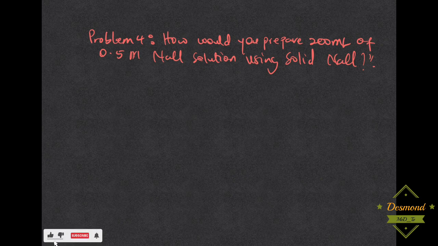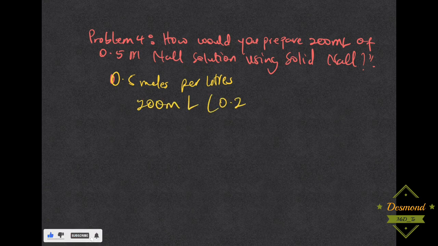Now the molarity is defined as the moles of solute per liter of solution. So we need 0.5 moles per liter, and we need 200 ml, which is the same as 0.2 liters of solution.